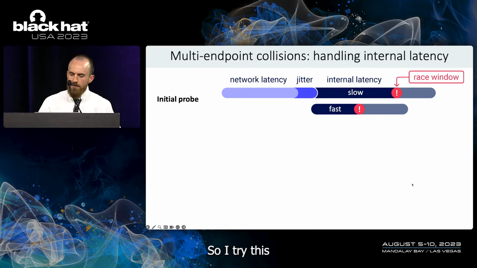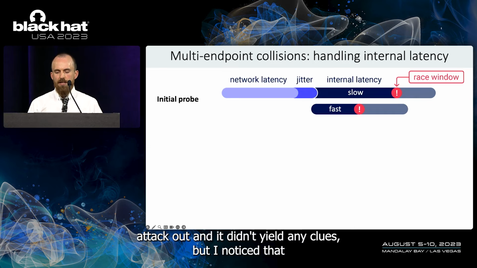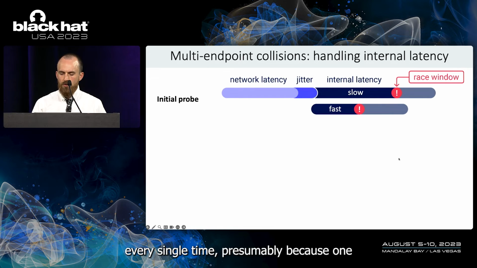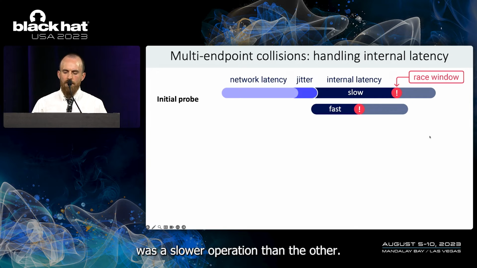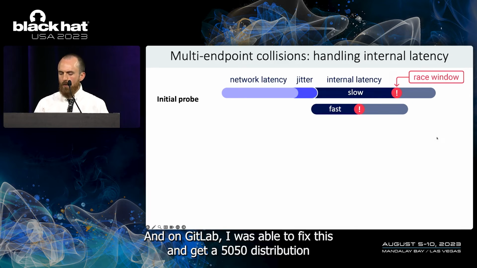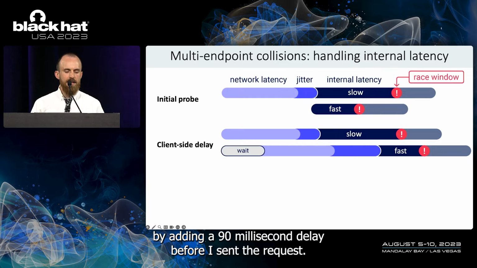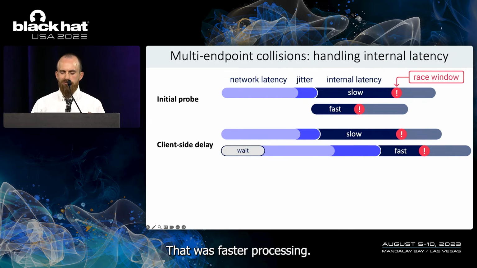So I tried this attack out, and it didn't yield any clues. But I noticed that the email change response was arriving before the confirmation response every single time, presumably because one was a slower operation than the other. And on GitLab, I was able to fix this and get a 50-50 distribution by adding a 90 millisecond delay before I sent the request that was faster processing.